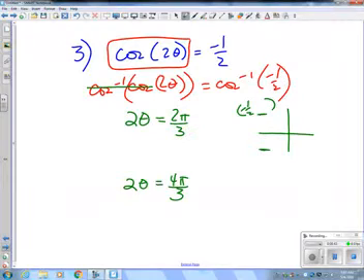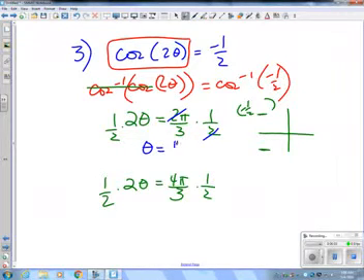So I'm trying to figure out what angle did I double to get 2 pi over 3. And so I'm just flipping and multiplying, just like we've been doing with our half and double angles. I'm just doing the opposite to each one. So the 2's cancel on this one, and the angle before it was doubled is pi over 3. And on this one, 2 goes into 4 2 times, so the angle is 2 pi over 3.